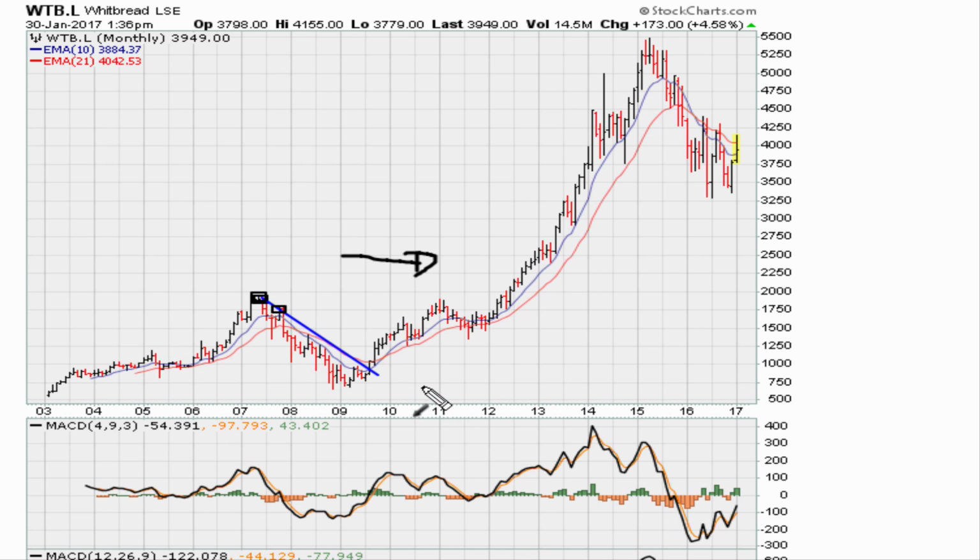Once you move above a primary trend line, it tends to be a reliable change in direction and sentiment. We can see here that once the stock cleared that primary trend line, we start moving higher off the lows of early 2009. Now this works also in terms of indicators, trend line, and price trend line.